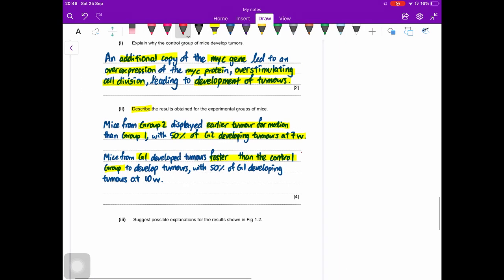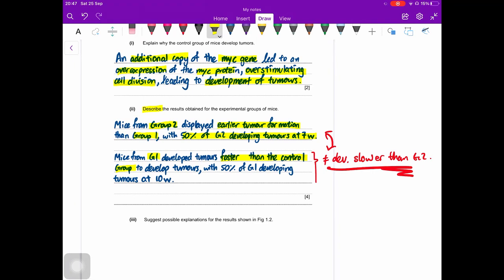So therefore, we're now comparing it to the control group. Okay, so mice from group 1 develop tumors faster than your control group. And to justify it again, we use 50% of group 1 developing tumors at 10 weeks.